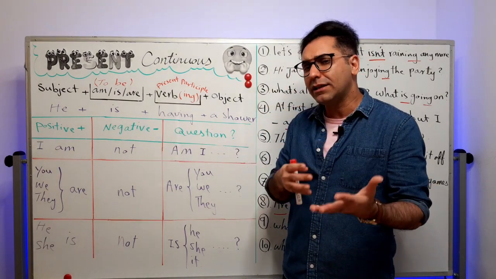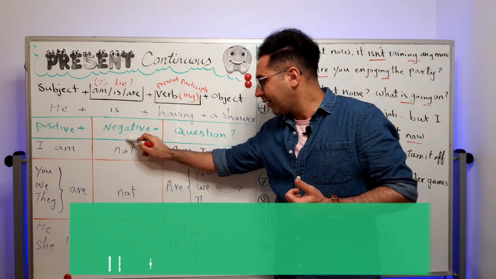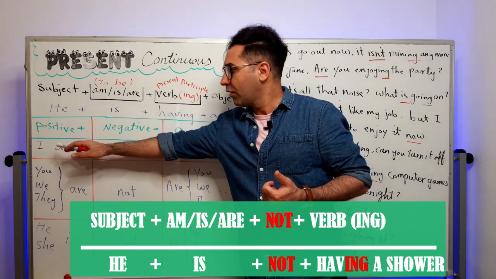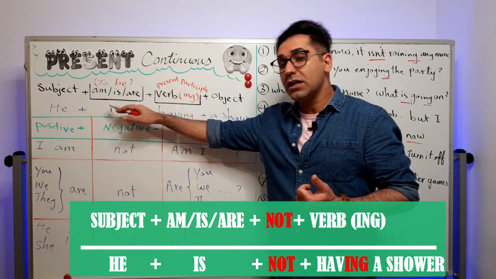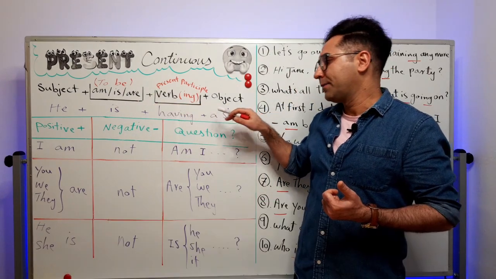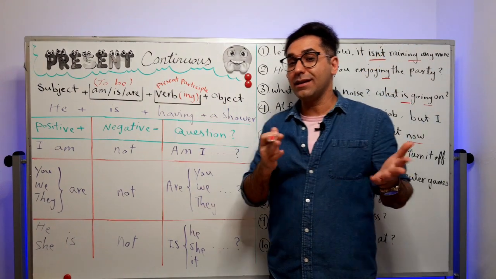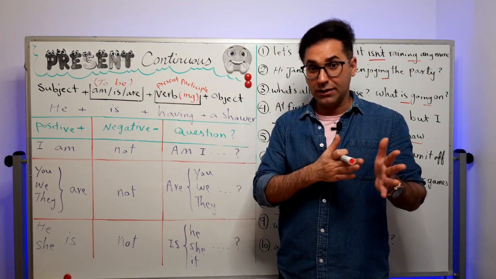In order to make a negative sentence in present continuous, we just add one not after the subject and to be verb. For example, he is having a shower. He is not having a shower. I am not. He is not. She is not.